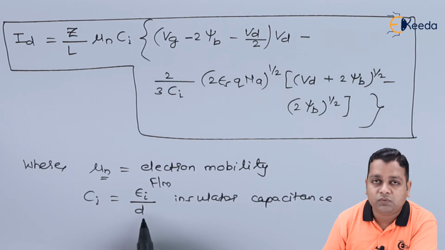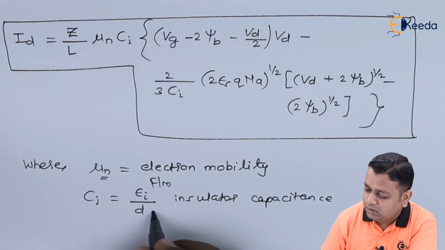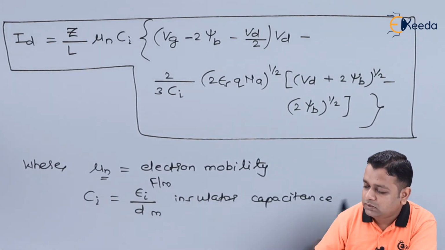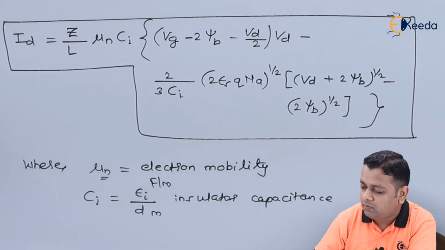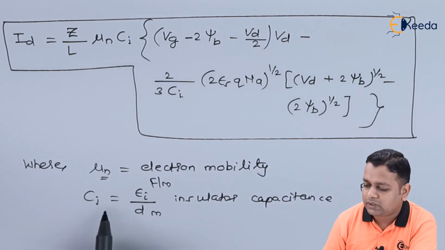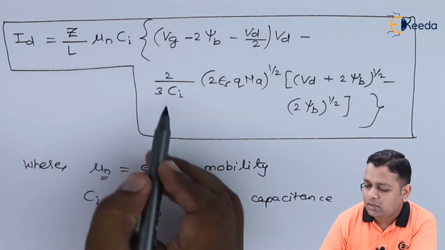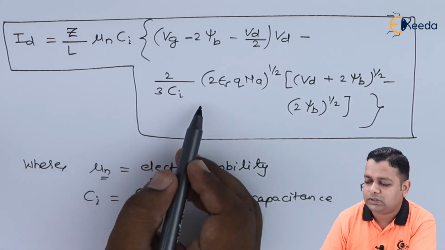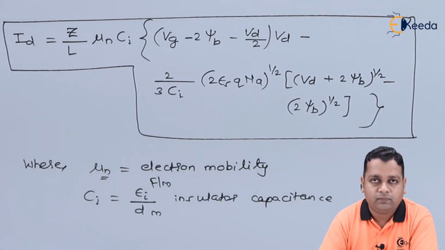D is the dimension we have shown in the schematic, in meters. So this becomes calculated in terms of farad per meter square. So this is the capacitance per unit area, that is C suffix I, in the RHS in the two places for the two terms here.